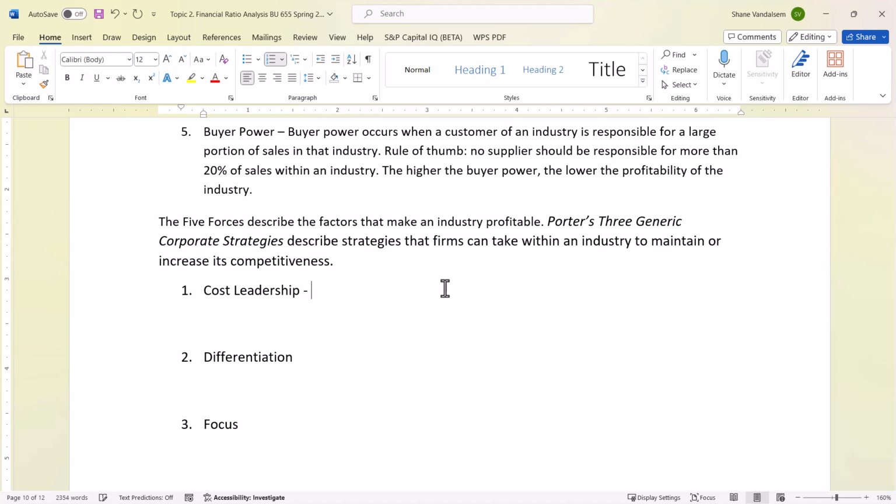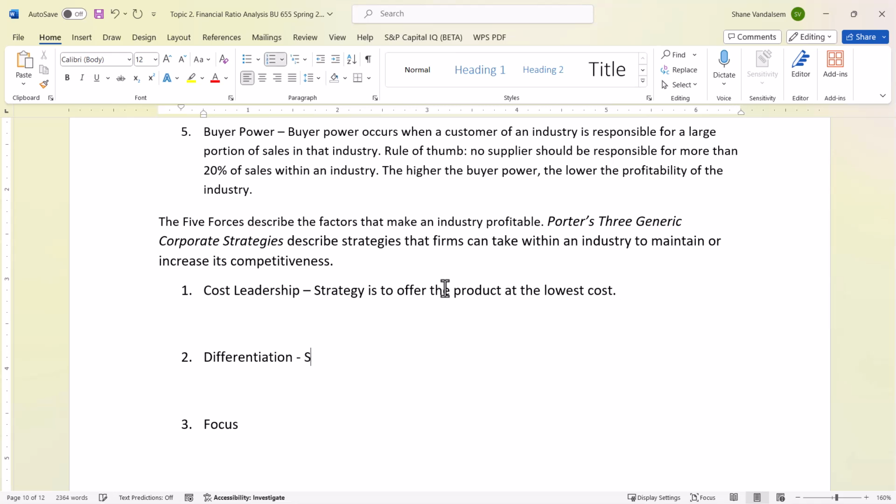In other words, the goal here is to offer the product at the lowest cost. And that's how the firm would compete within an industry, by being the low-cost leader.